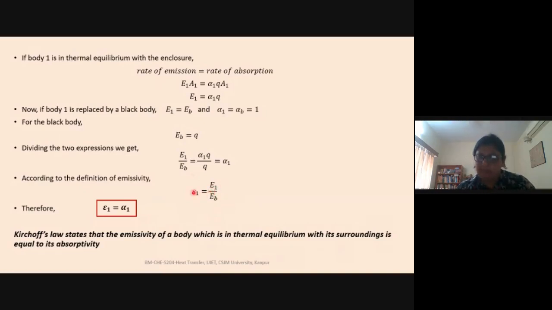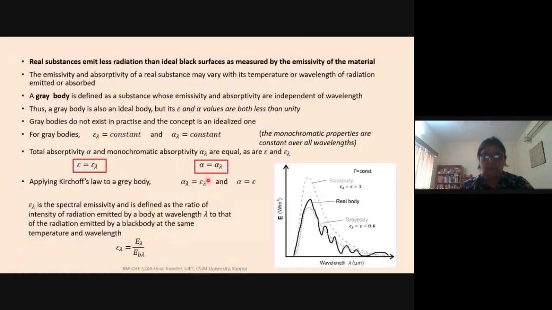Now if this body becomes a black body, it becomes EB by EB, and hence your emissivity becomes equal to 1. So any real body has an emissivity of less than 1, where the numerator is the emissive power of the real surface. Here, the emissivity and absorptivity of a real surface may vary with its temperature or the wavelength of radiation emitted or absorbed.